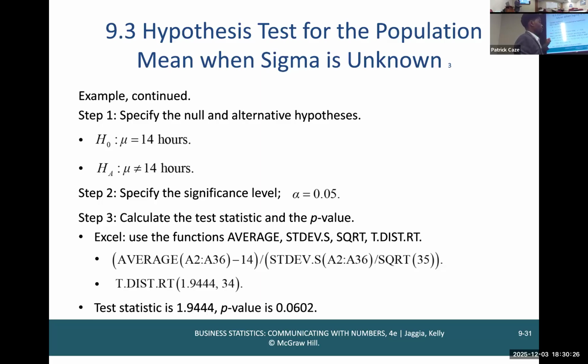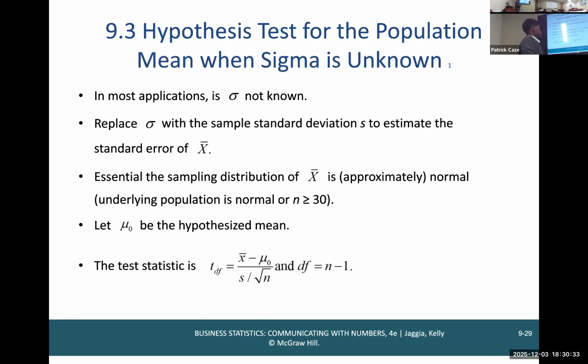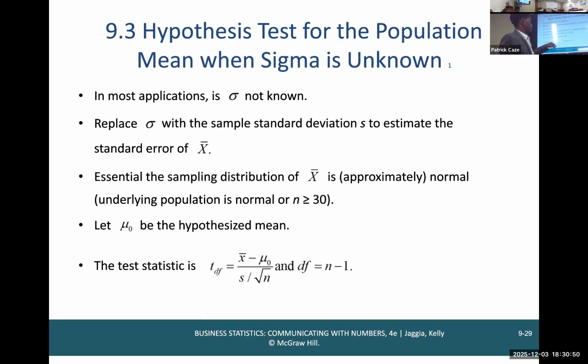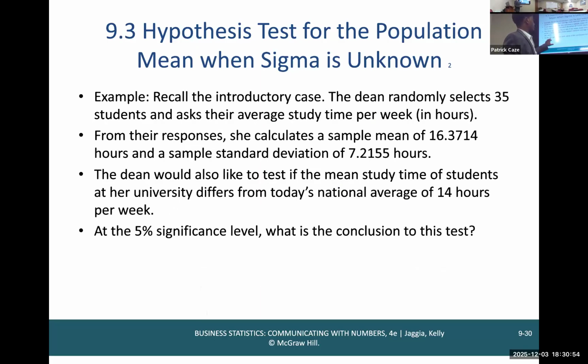So what happens is you take the alpha that was given. Let's go back to the formula real quick. You take the alpha that's given, and then you take the degrees of freedom, n minus one. So here we look at the 35 minus one, which is 34. And then we have our significance level at 0.05.